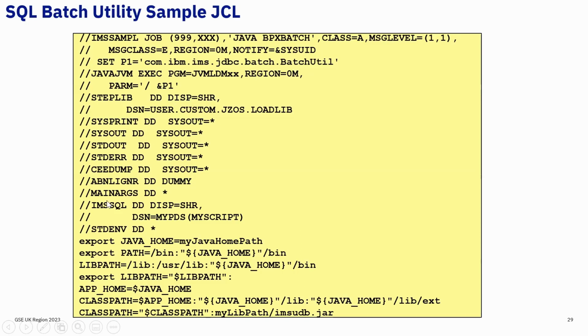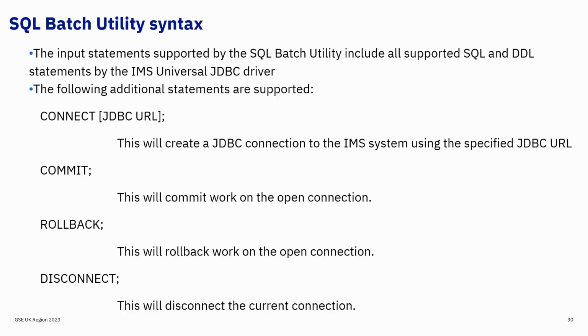The input to this SQL batch utility is coming in through this IMS SQL DD statement, and this data set has my SQL statements that I want to execute. And then the standard environment DD statement has your Java parameters, if you will, right? So this is your sample JCL for submitting the SQL batch utility.